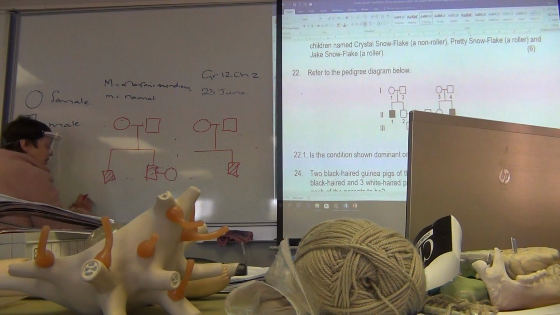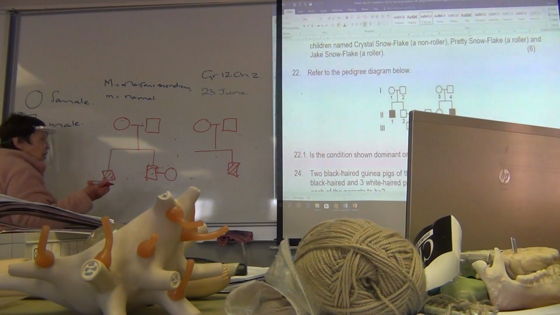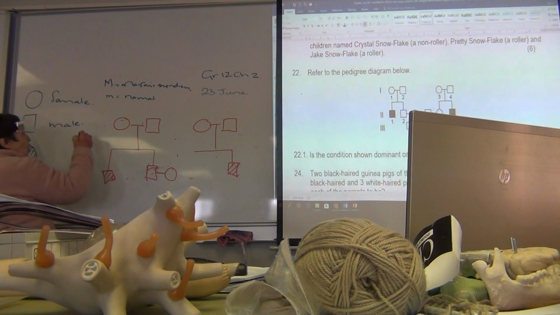Okay, the fact that this child has got the condition, whatever the condition is. So let's say the condition is Tay-Sachs. Okay? So, capital N for normal, small n for Tay-Sachs.